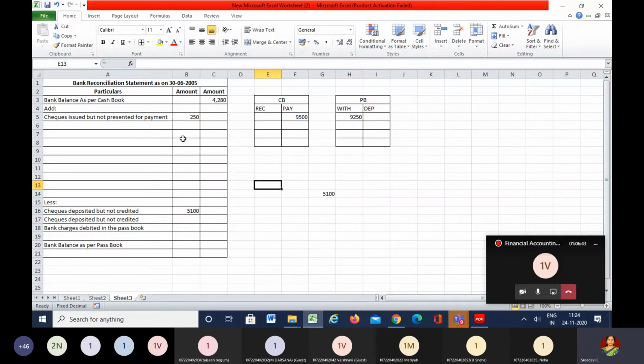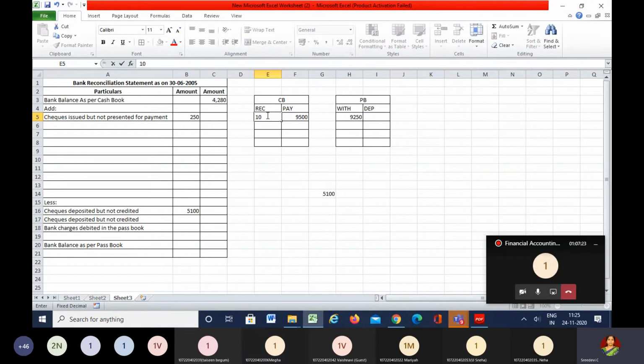Ma'am, explain it again, please. See, checks have been issued for 9,500 as on 30th of June 2005, right? And in the passbook, there is a debit for only 9,250. That means they have presented only up to 9,250 as on this particular date. That means the remaining 250 rupees have not been presented.